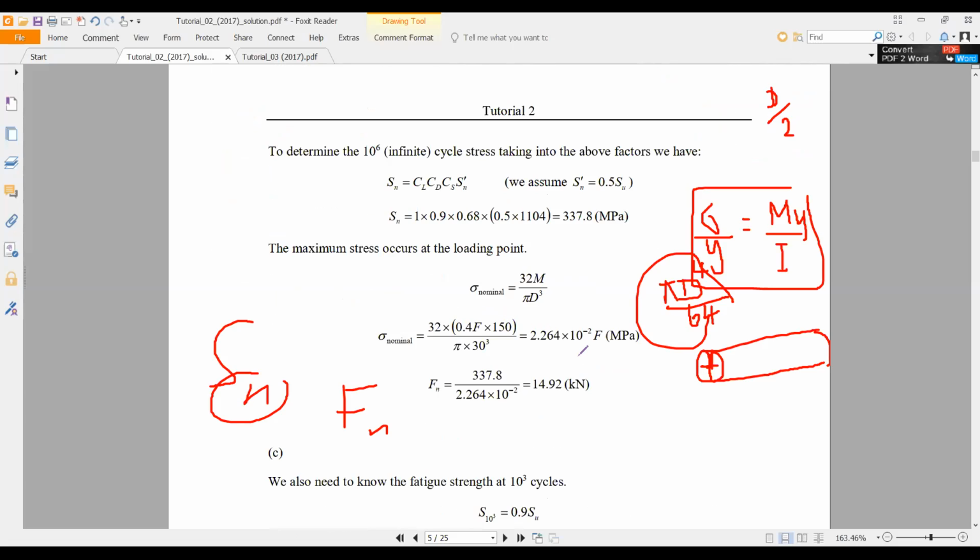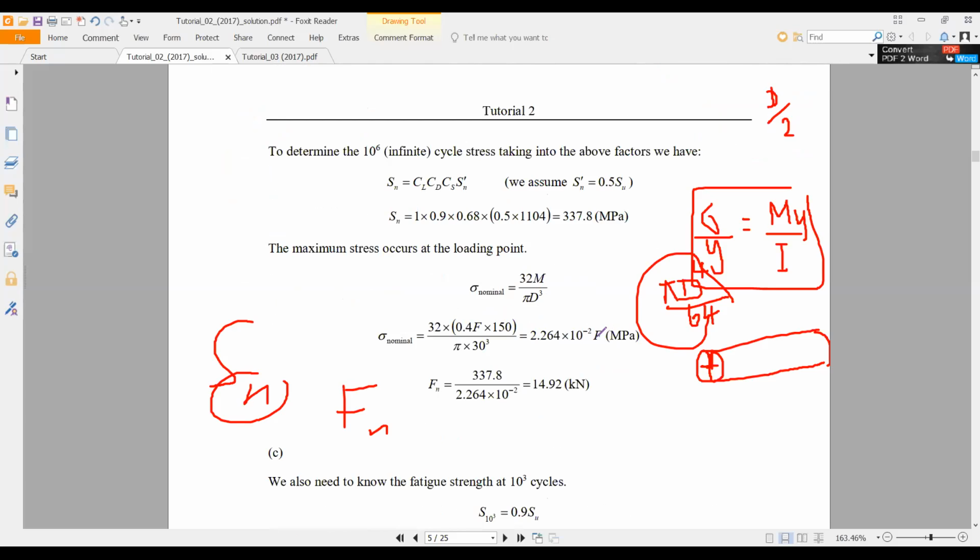Yeah, I thought mine says they use 0.5, mine must be wrong. So both the M is the same, right? Like the nominal stress doesn't change in value? This is not changed. This is the same value, because this value does not change, but F will be changed.